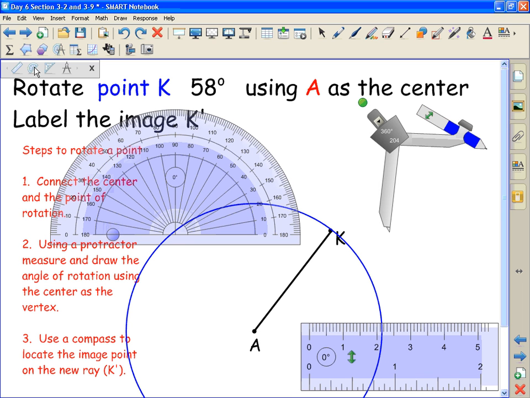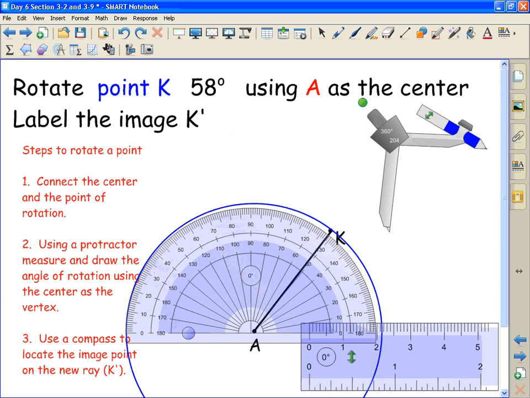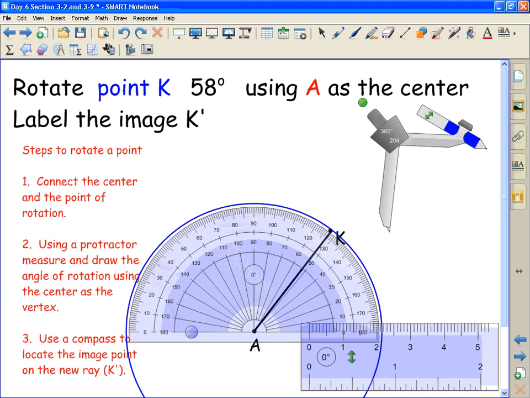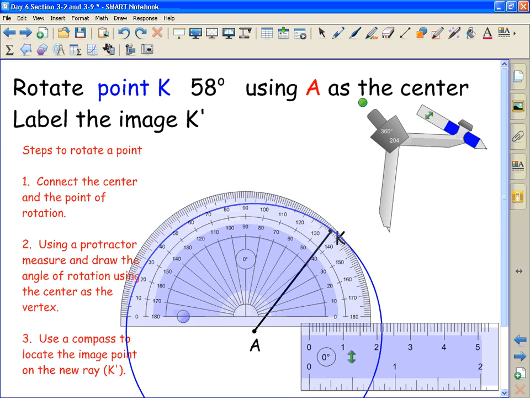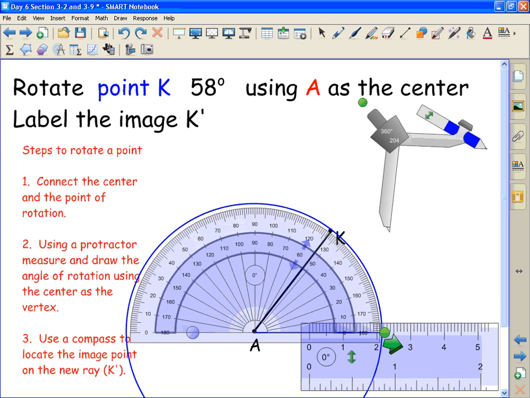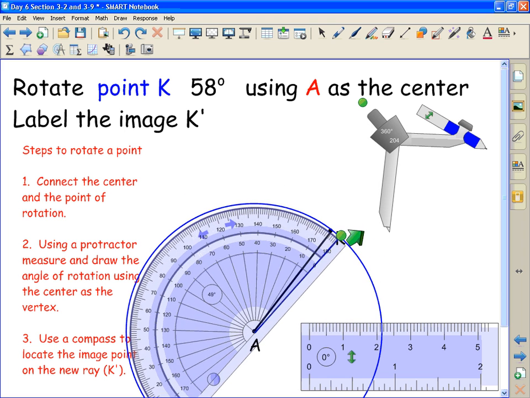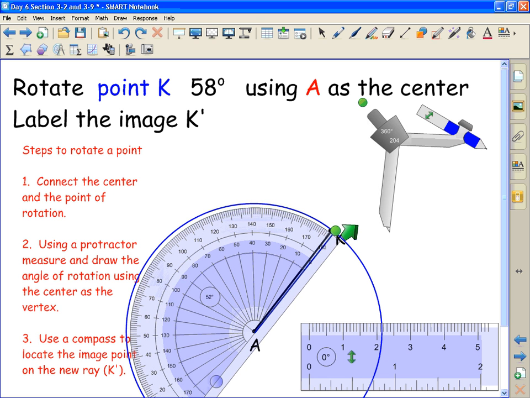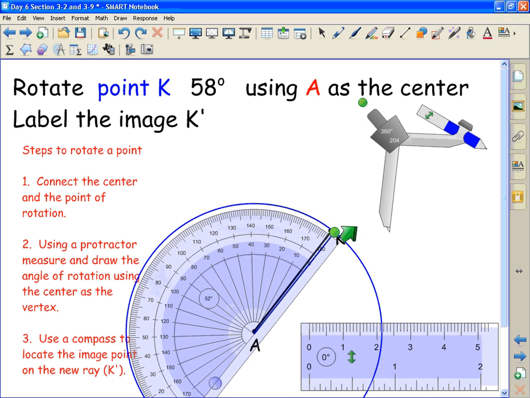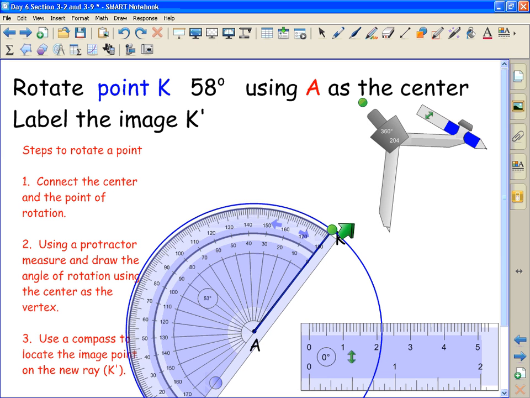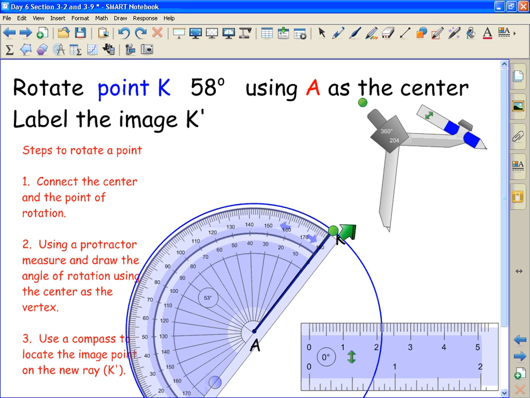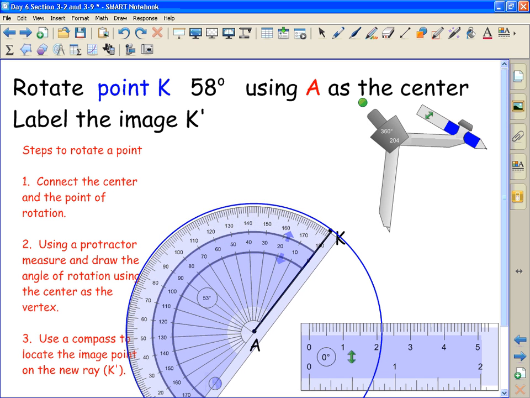Now when I measure my angle, because I want to rotate it 58 degrees, I'm going to place the center where the hole is on top of point A. I'm going to turn my protractor so that the edge where 0 and 180 is goes through point K. Now I have my protractor to the correct size where it just comes out, and I'm going to find 58 degrees.